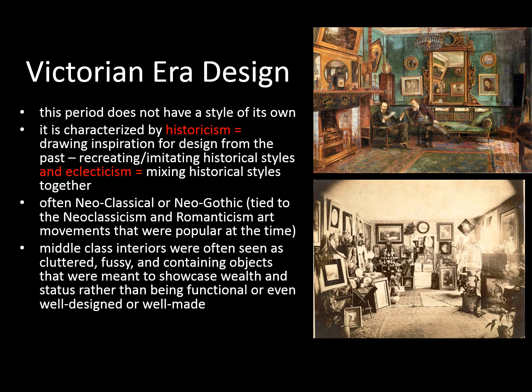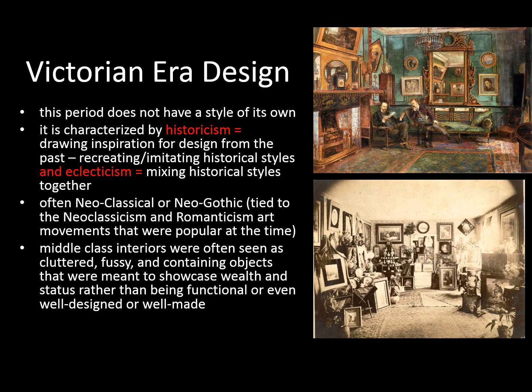And if you look at them, right, the main thing that you'll probably come away with is that they seem awfully cluttered, right? Lots of clutter, lots of stuff, none of it really matching together properly, just kind of randomness. And that was really what was considered the problem with Victorian era design, right?